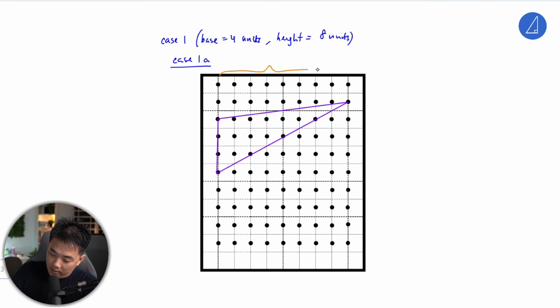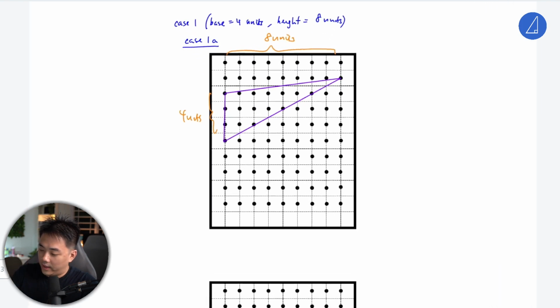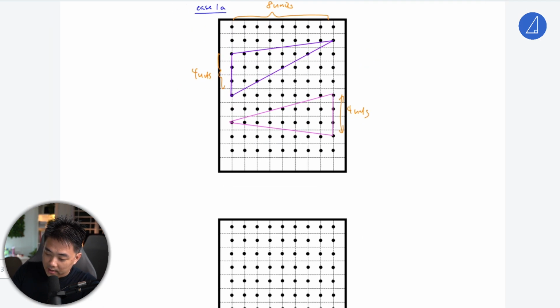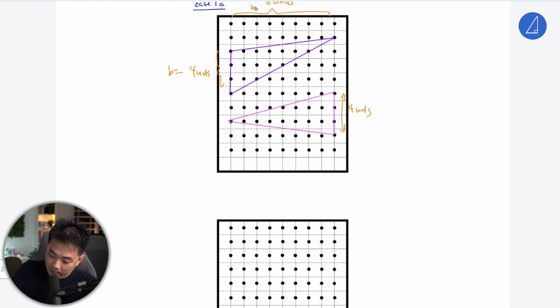It's 8 units length. Then this is 4 units. Okay, but don't forget that you could also have a mirror image here. So essentially you can have a 4 and out of that you can have this one. Okay, so the 4 is also here. Okay, 4 units and 8 units here. Okay, great. That's the base and the height.